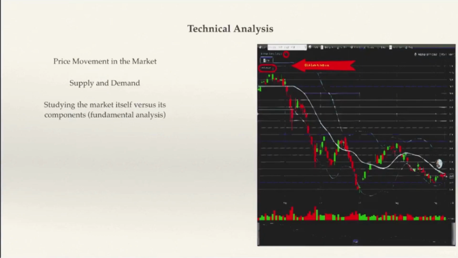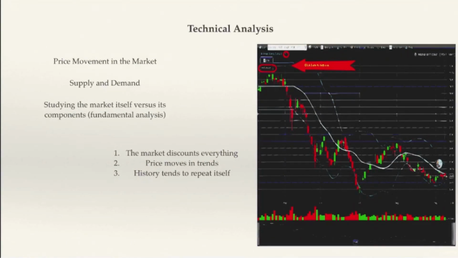Technical analysis is based on three assumptions. Number one, the market discounts everything. Number two, price moves in trends. And number three, history tends to repeat itself. Technical analysts only consider price movements and ignore the fundamental factors of a company.